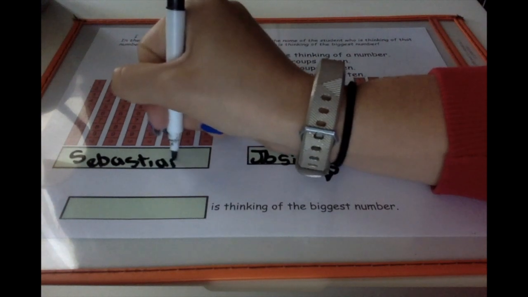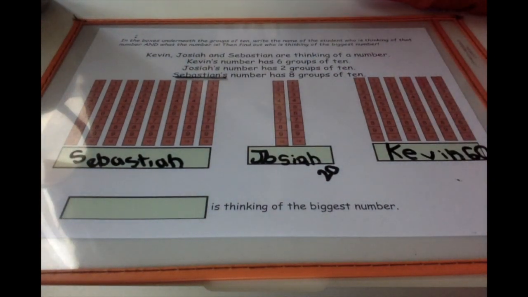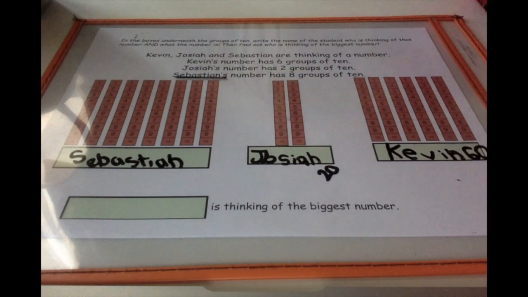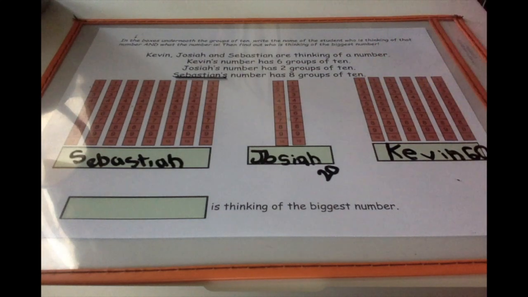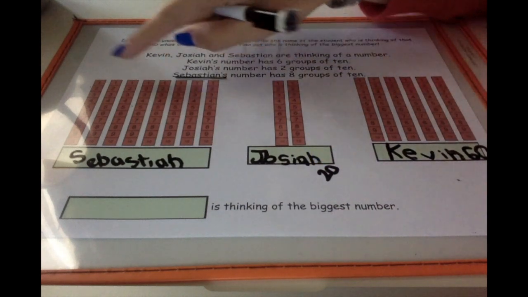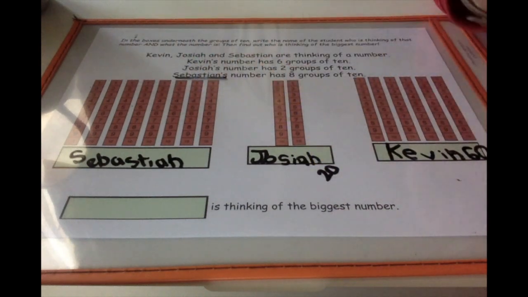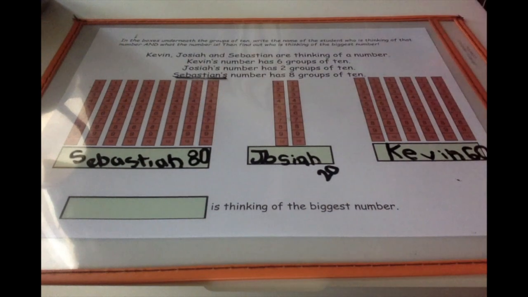And now we know that he has 8 groups of 10. What is the number he's thinking of? Well, let's look at it like this. If 6 groups of 10 is 60, 2 groups of 10 is 20, what is 8 groups of 10? That's right, 80. Sebastian's number is 80.